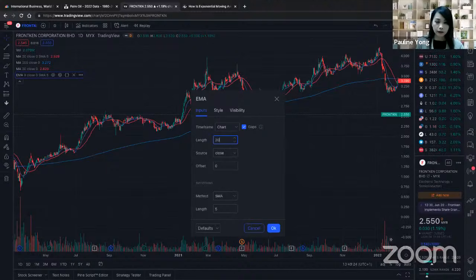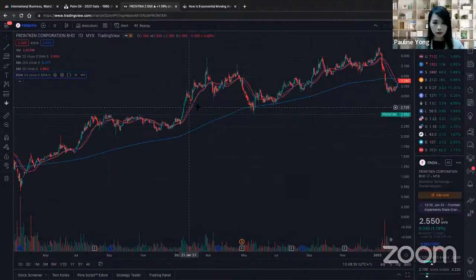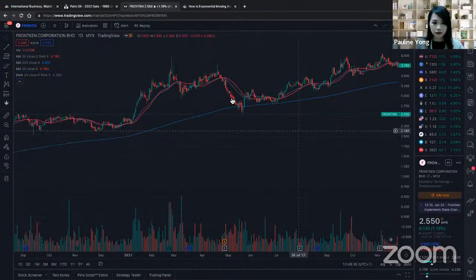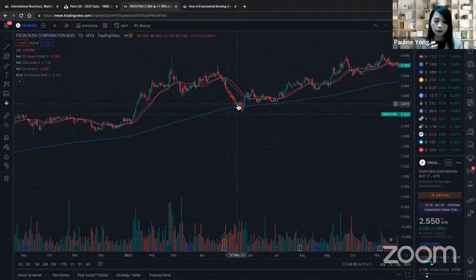I want to compare the 20 SMA and the 20 EMA and see the difference. Do you see that the purple color is closer to the price? The EMA is actually closer to the price than the simple moving average.